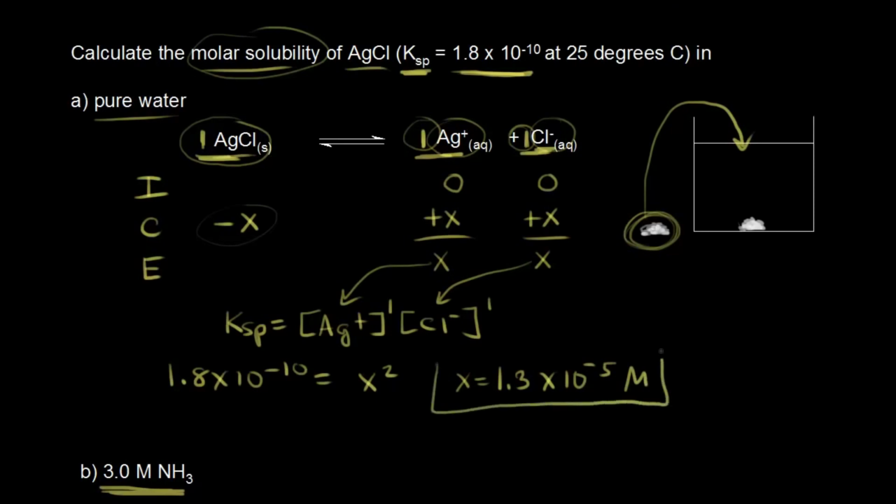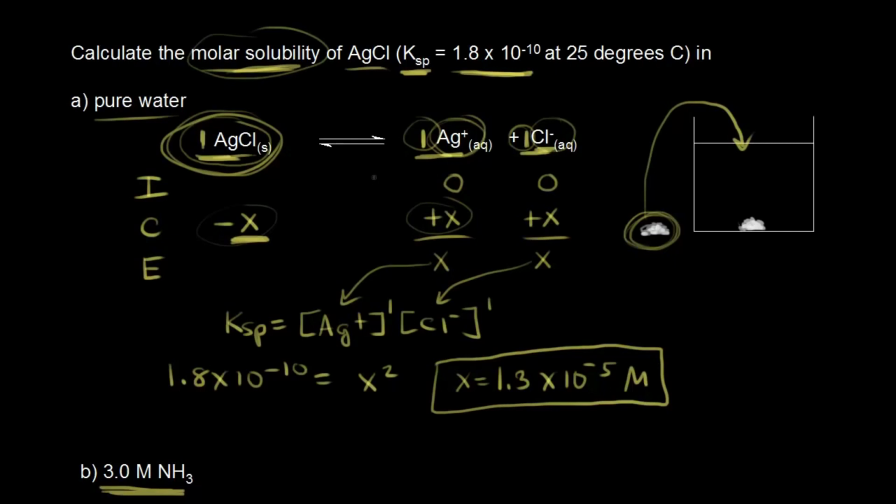So that's the concentration of, let's say, our silver +1 cations in solution. That's also the molar solubility of silver chloride, right? That's how much we can dissolve. So it's a very small molar solubility. So silver chloride is only a slightly soluble compound.